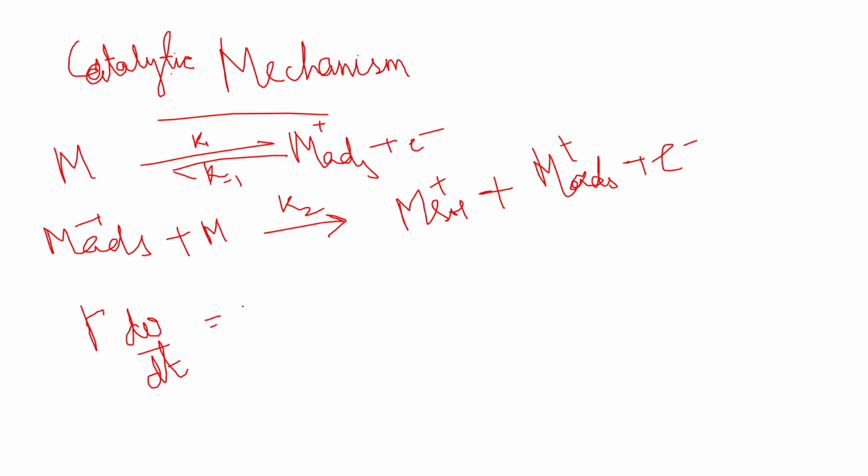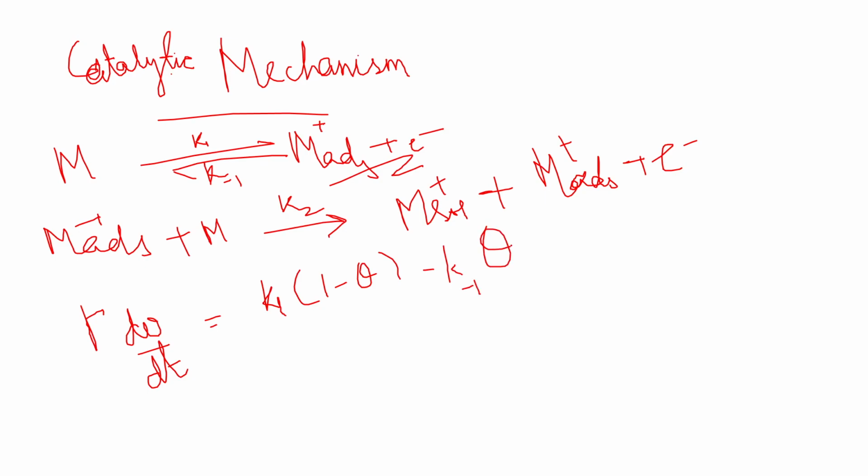How is the site balance happening? How many intermediates? Only M adsorbed. Now how will you write it? I think this is the third week or something where we are doing mechanisms continuously. K1 into (1 minus theta), minus K minus 1 theta.